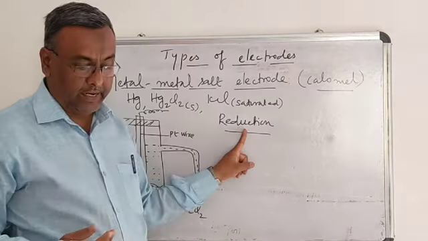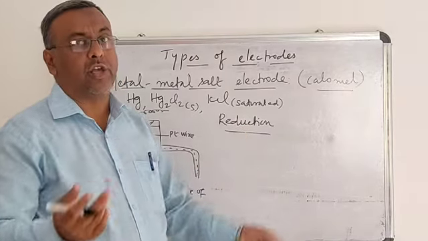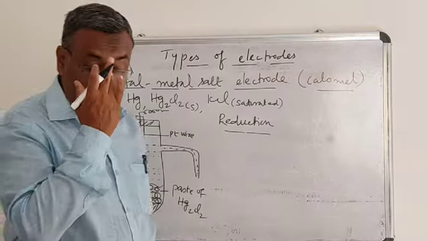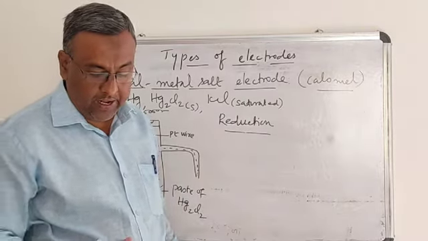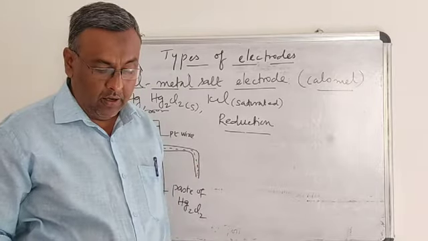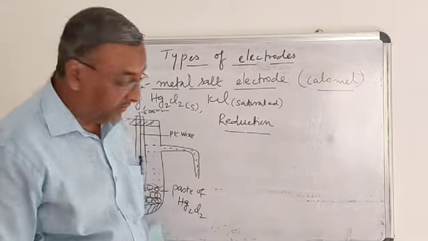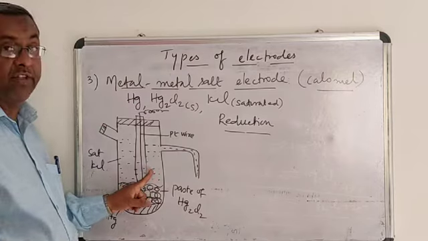In the case of reduction, the Hg2 2+ ions furnished by the sparingly soluble salt would be discharged at the electrode. Hence more and more of calomel passes into the solution. This results in an increase in the concentration of Cl-.